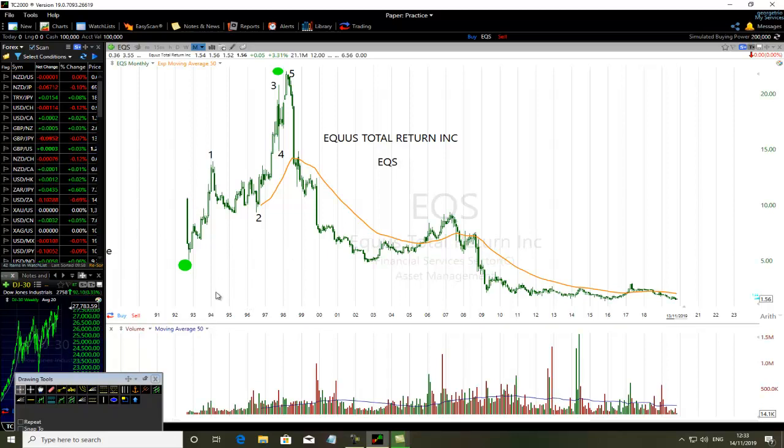Okay. So if you look at it, the first wave is subdivided into five minor waves. Can you see that? It's a complex first wave. In fact, this is what we call an irregular first wave. The irregular first wave is usually a first wave that is extended or a first wave that is complex.